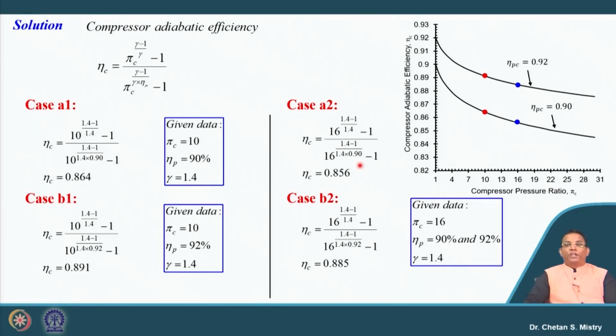Polytropic efficiency is the per stage efficiency. Suppose I have, say, 10 stages; for each stage I can assume my polytropic efficiency to be, say, 90% or 92%. Based on my pressure ratio, my adiabatic efficiency varies accordingly.